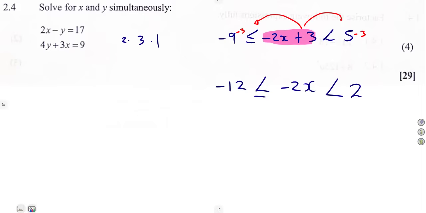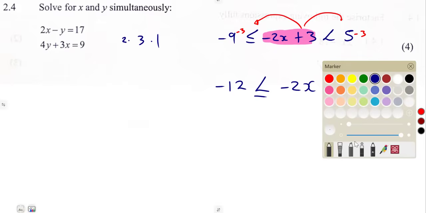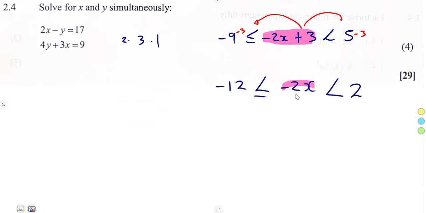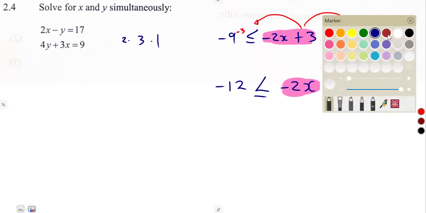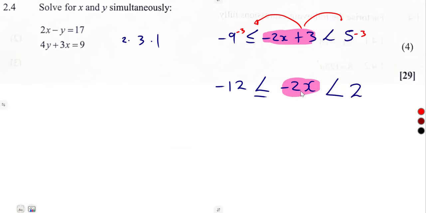And still focusing on the middle term, which is the minus 2x. Now we have to get rid of the minus 2, which is a multiplication. So we have to divide by negative 2, divide by negative 2, divide each and every term.